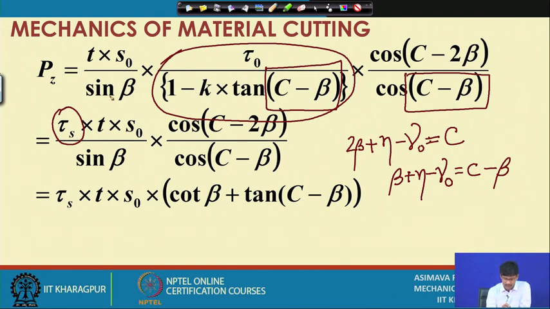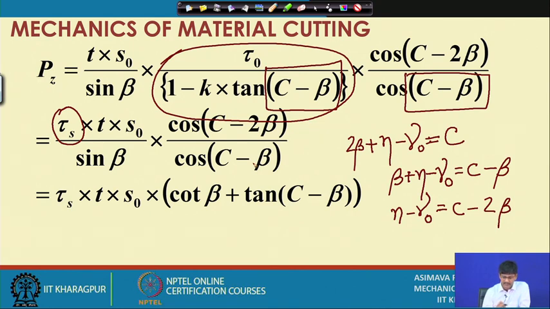So that we have left over sin beta here, cos of C minus beta from the other side of the denominator coming here, and of course, previously we had cos of eta minus gamma o here, which gets replaced by cos of C minus twice beta, that we have replaced here, and therefore, we get this particular expression.